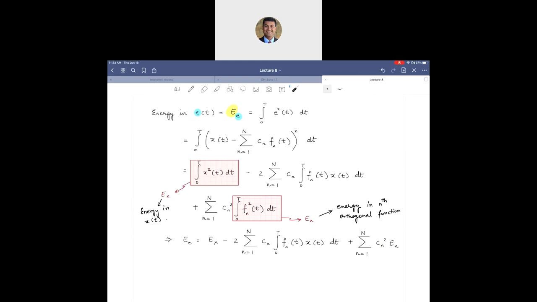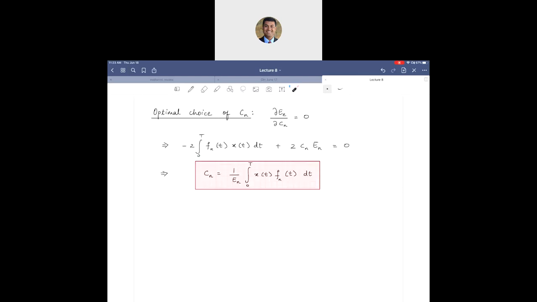Now we want this to be minimum. So differentiate with respect to C sub n and equate to 0. The optimal choice for Cn is going to be the derivative of E sub E, energy of error, with respect to C sub n equated to 0. If you do that, you will get this particular result.